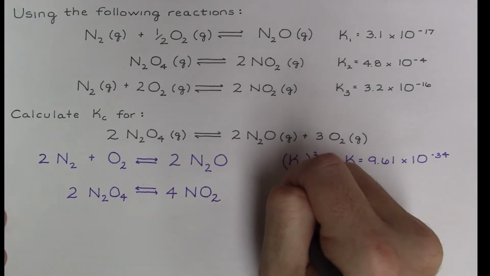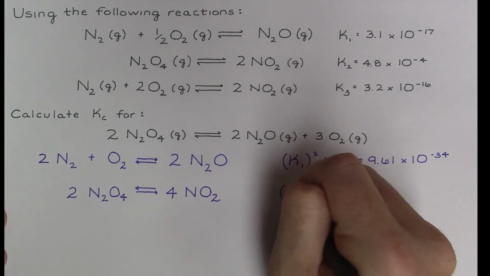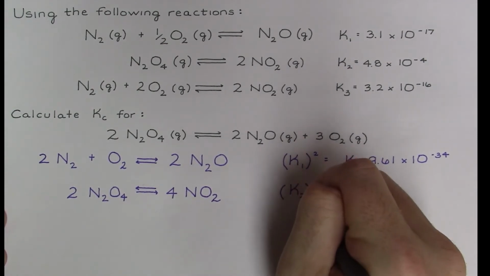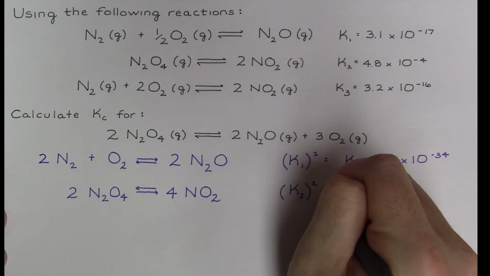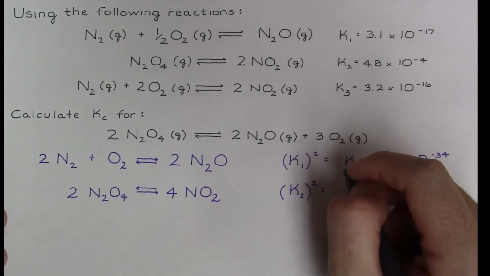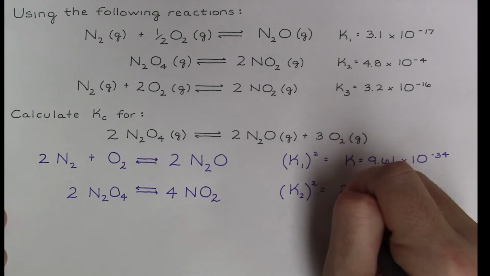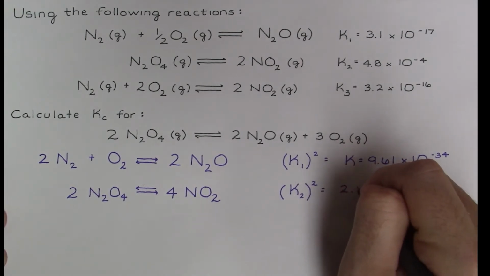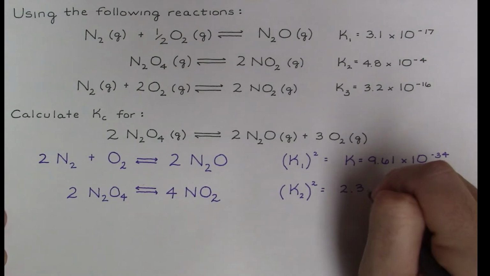Once again, we will take K2 and we will square it as well. So what you do to the coefficients of the chemical equation, you must do to the exponent. So in this case, if I square my K2 value, I will get 2.3 times 10 to the minus 7th.